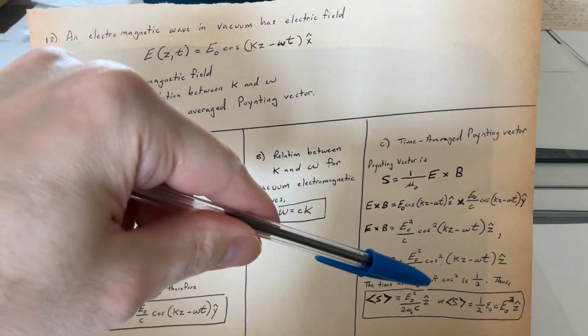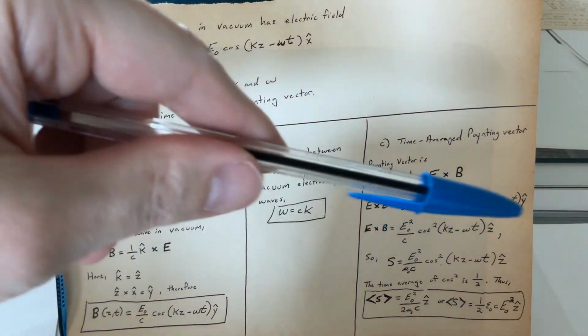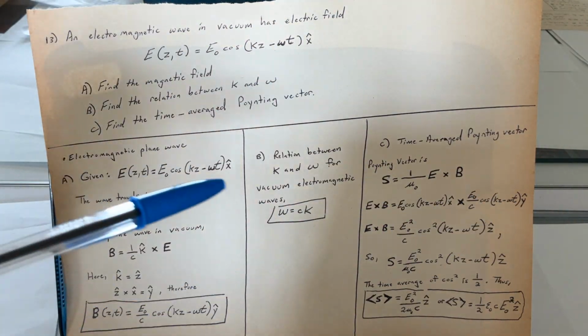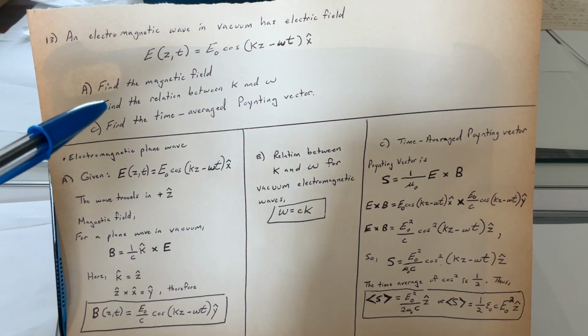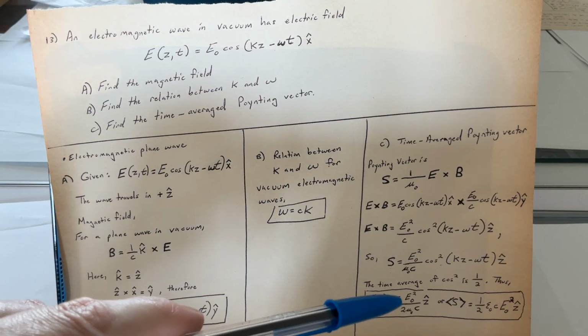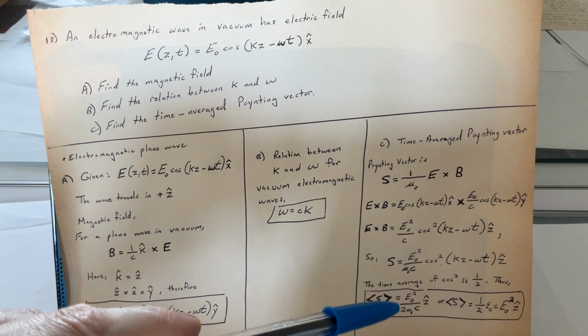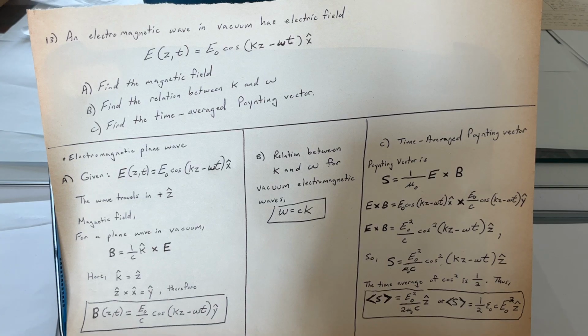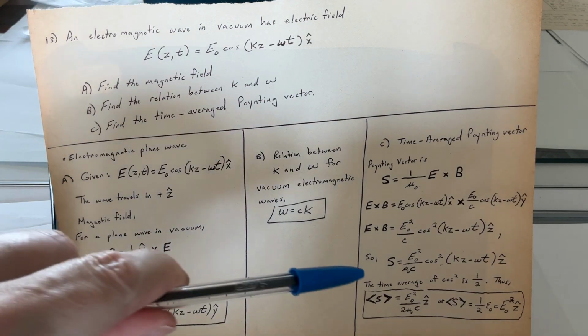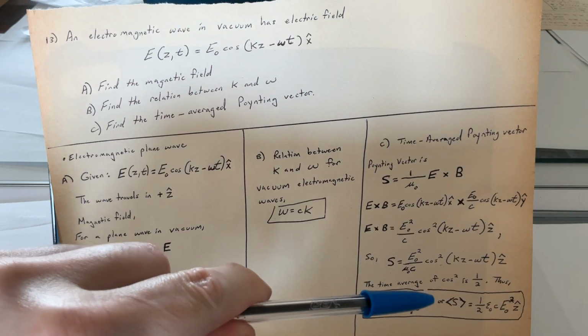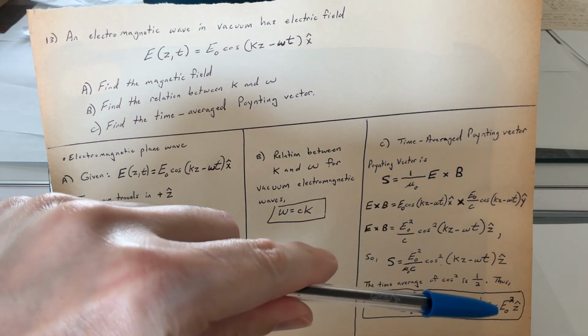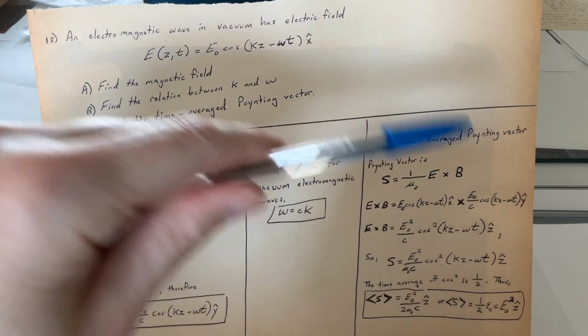The time average of cosine squared is 1/2. Thus, the time averaged Poynting vector is E naught squared over 2 mu naught c z hat, or 1/2 E naught squared over mu naught c z hat.